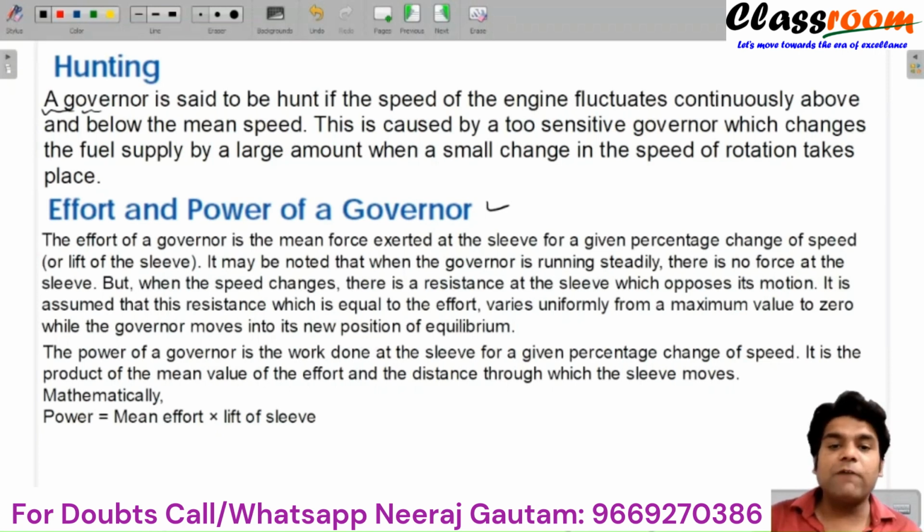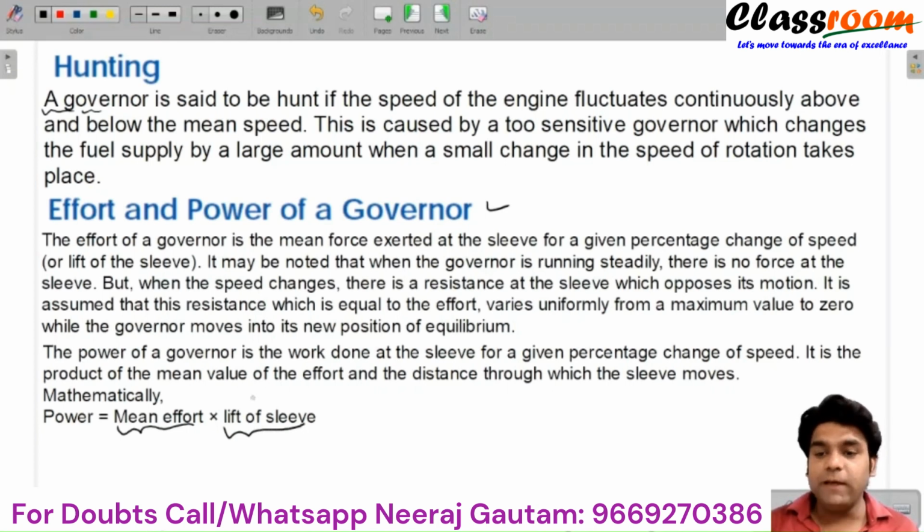The power of a governor is defined as the work done at the sleeve for a given percentage change of the speed. The rate of work done is defined as power. So the power is the work done, simply the force exerted on the sleeve multiplied by the displacement of the sleeve.